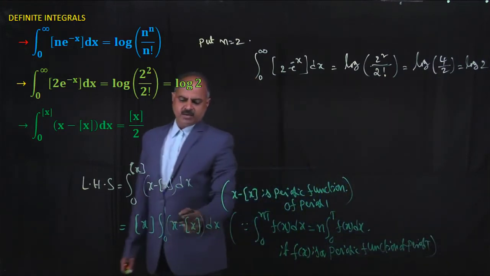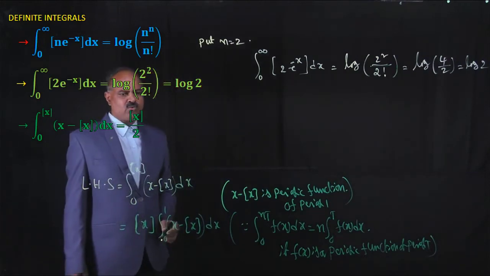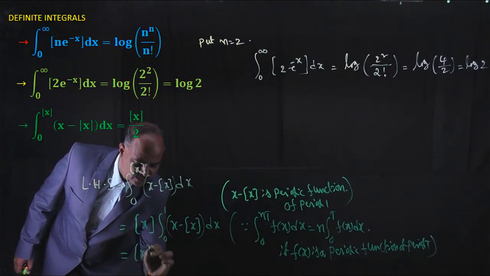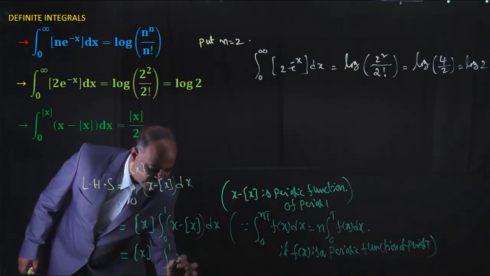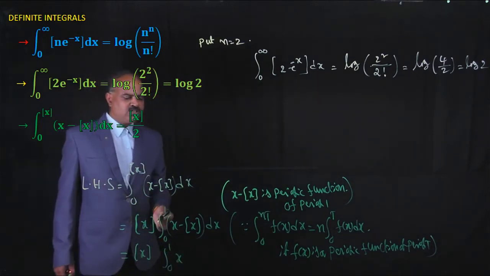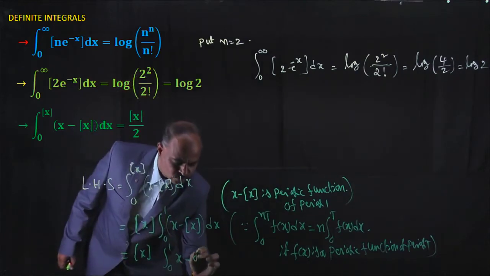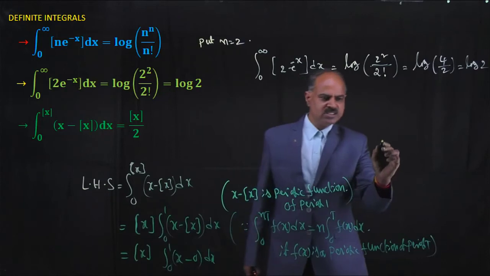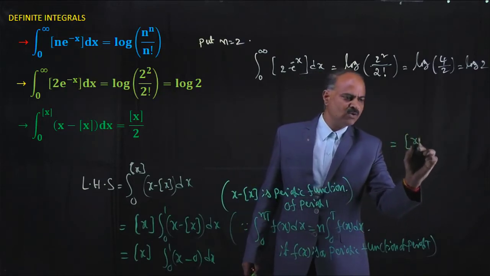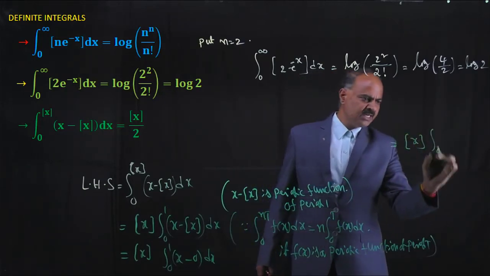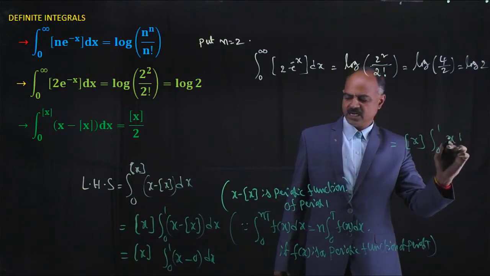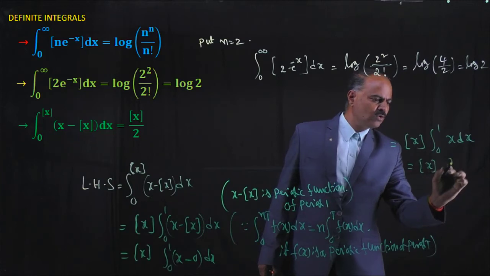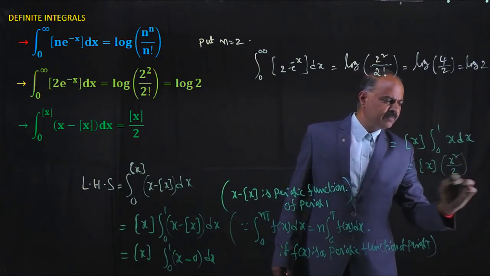So here floor x into integral 0 to 1 of x minus floor x dx. Now this is equal to floor x into integral 0 to 1 of x, since in the interval 0 to 1 floor x is 0, so minus 0 dx. Now this is equal to floor x into integral 0 to 1 of x dx, which is floor x into x square by 2 with limits 0 to 1.